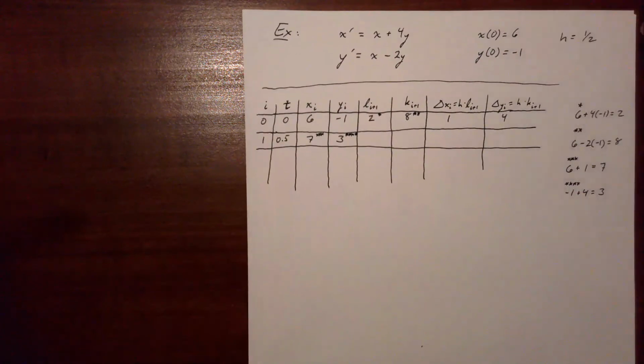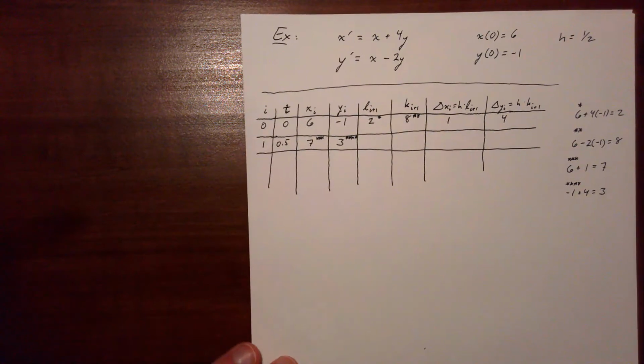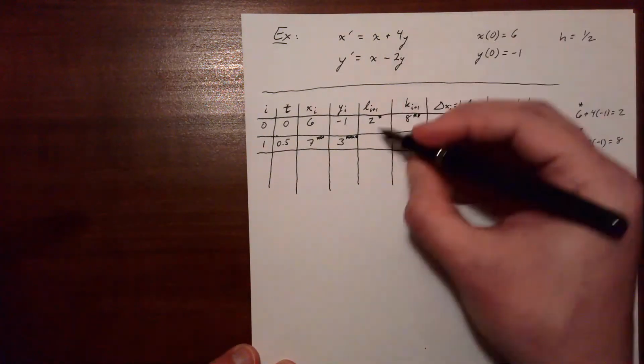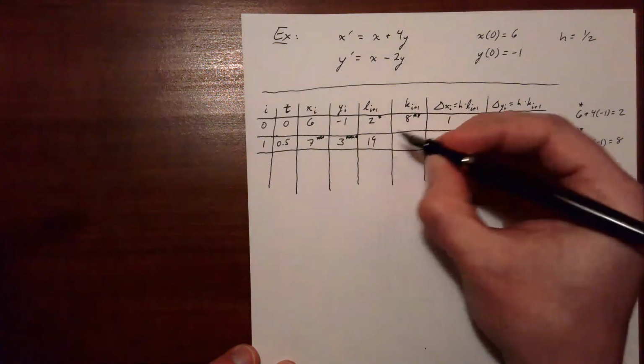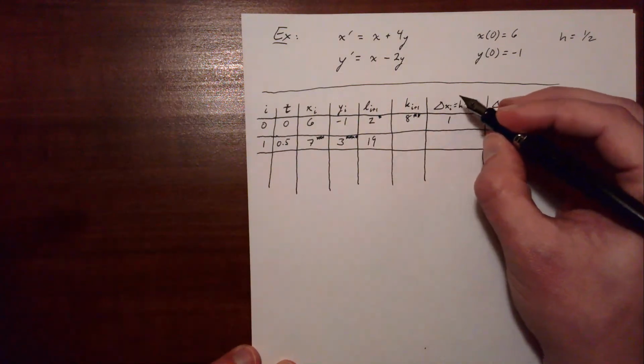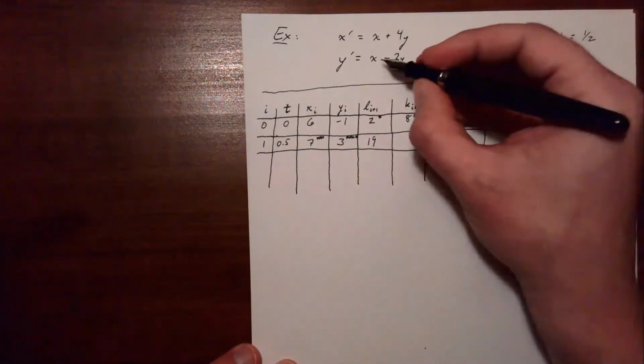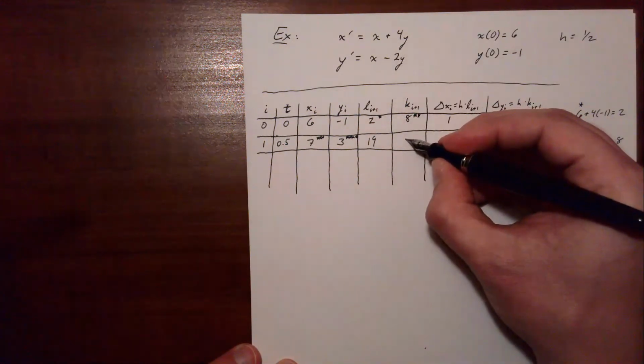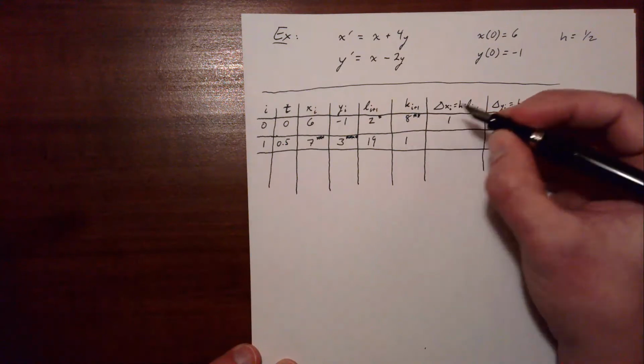In other words, the rate of change of the x and the rate of change of the y. So if I put this in here, I would have 7 plus 4 times 3, which is going to equal 19. Here I'm going to have 7 minus 2 times 3, which is just going to equal 1.